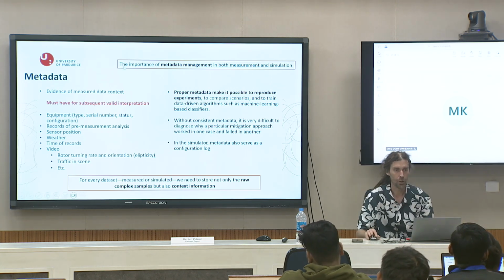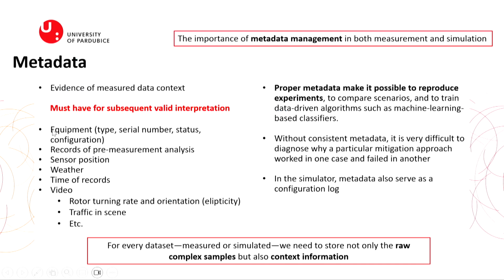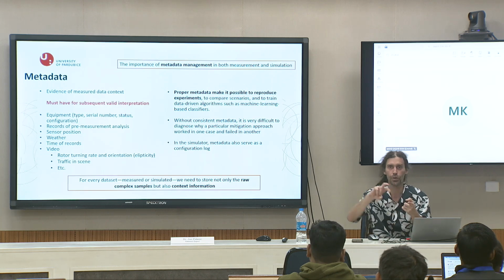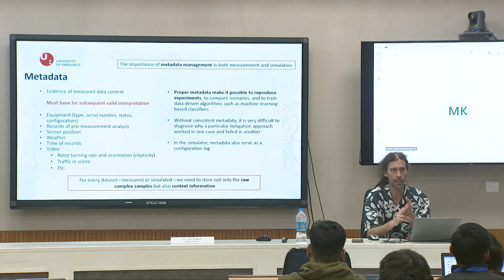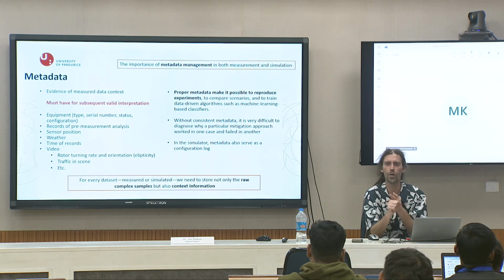Also, what you need to record is equipment. In our case there were some antennas, which are passive, so then there was the amplifier. What was the amplification of the signal? Also, what was the noise figure setting? Record everything. Maybe it looks annoying and like you don't need it.